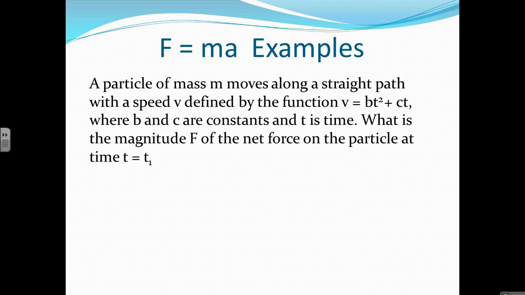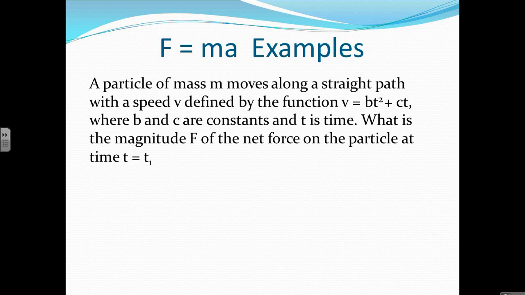In this example, a particle with mass m moves along a straight path with a speed v as defined by the function v equals bt squared plus ct, where b and c are both constants and t is time. I want to know what the magnitude F is of the net force on the particle at time t equals t1.